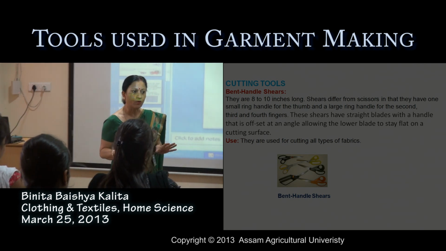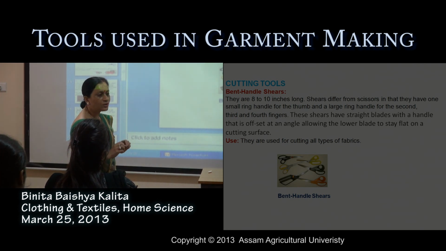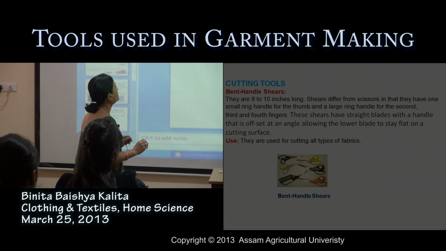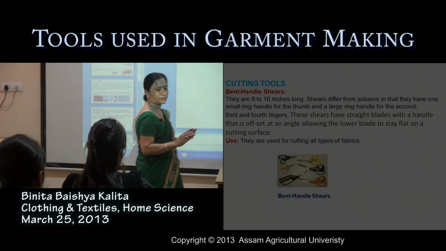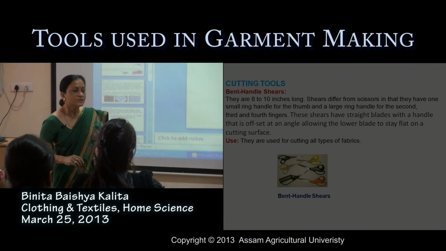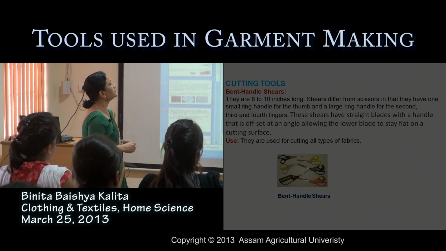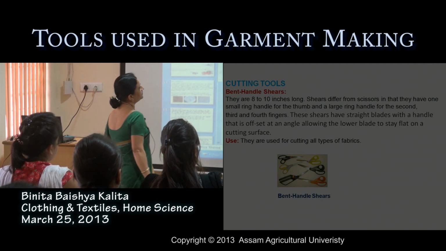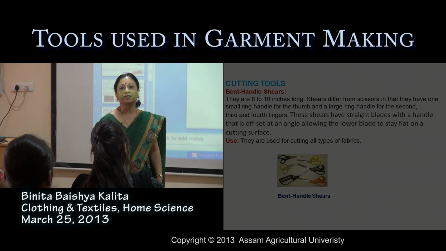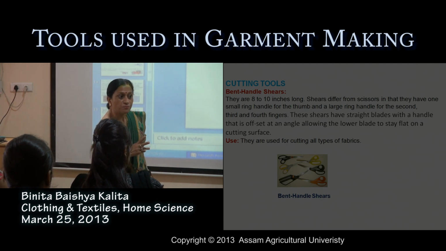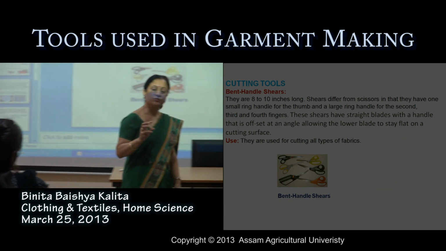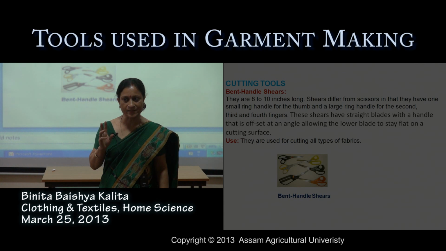These are very important tools which are required for garment construction. There are different types of cutting tools available. The first one is shears, and these shears you will get in different sizes and different styles, and they have two sharp blades. At the end of the blades there will be two handles.